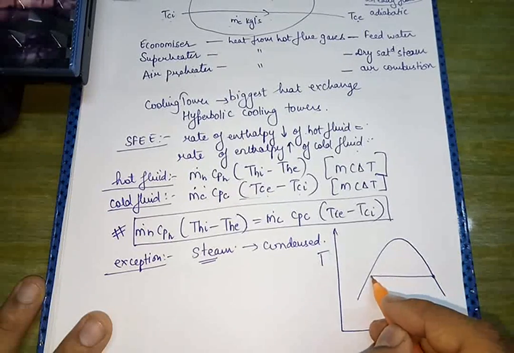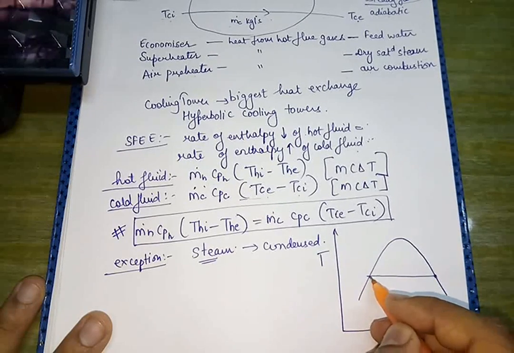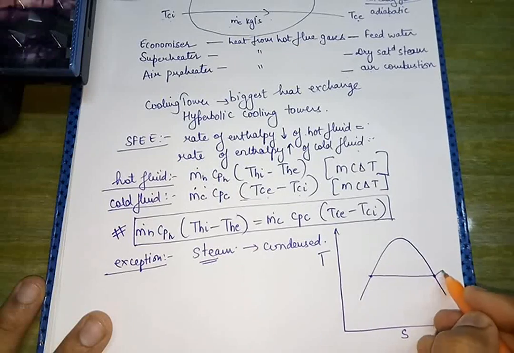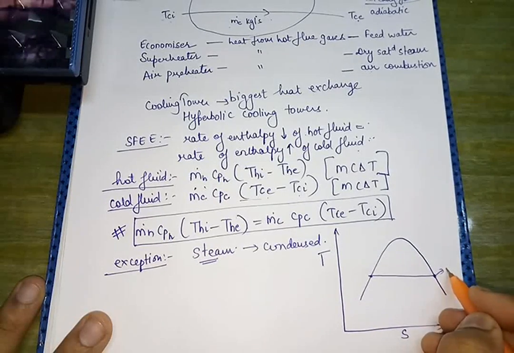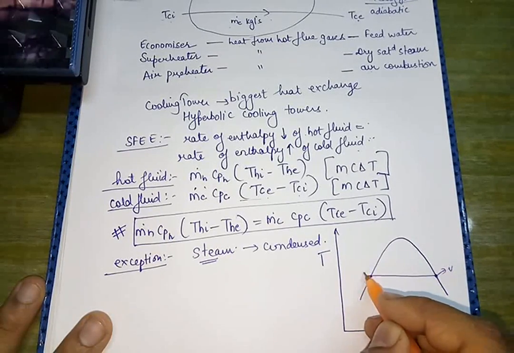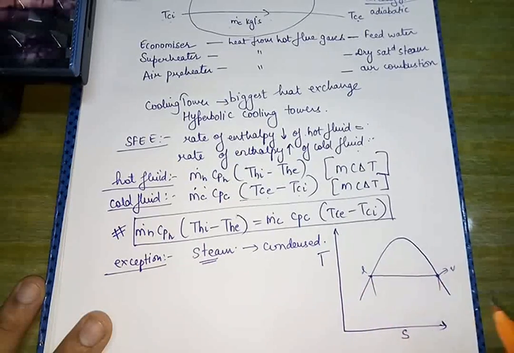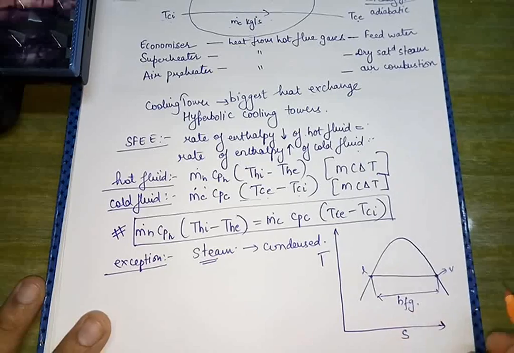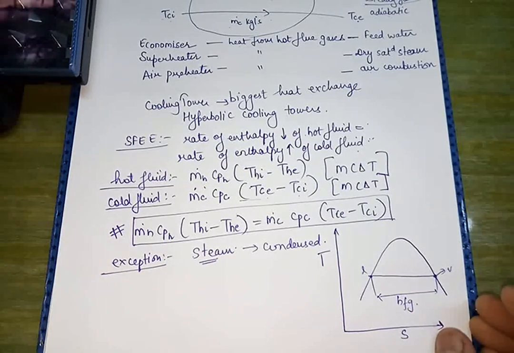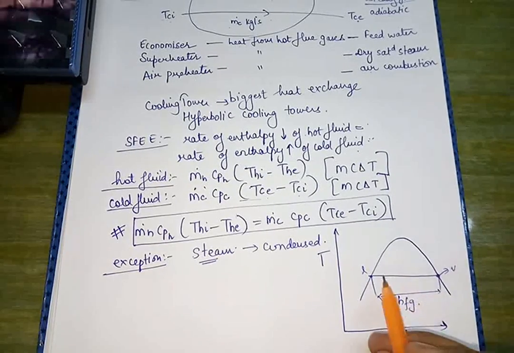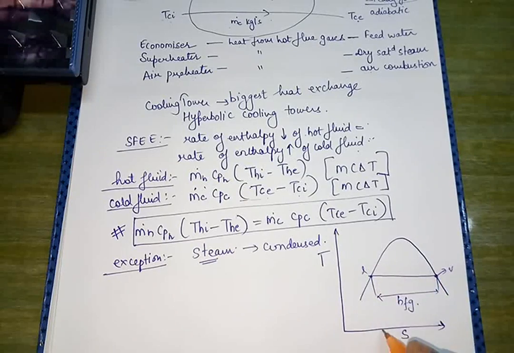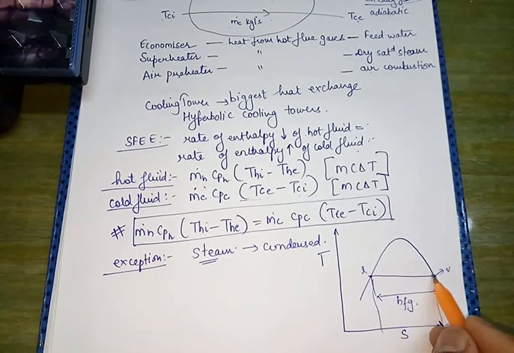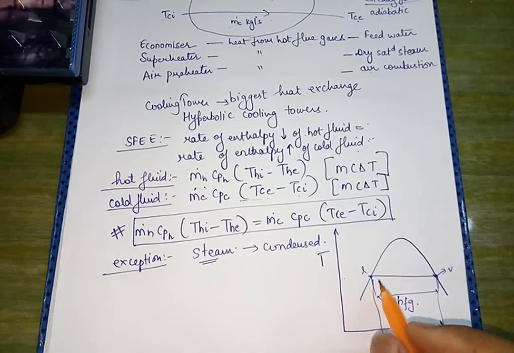This steam will condense and become saturated liquid. Here it will be saturated vapor, here it will be saturated liquid. So the gap between the two points will be h_fg, that is the latent heat of condensation. The latent heat of condensation is the difference between the saturated vapor state and the saturated liquid state.